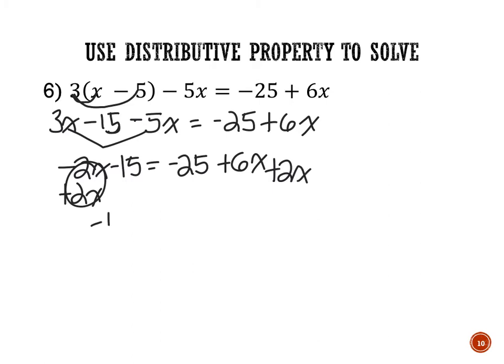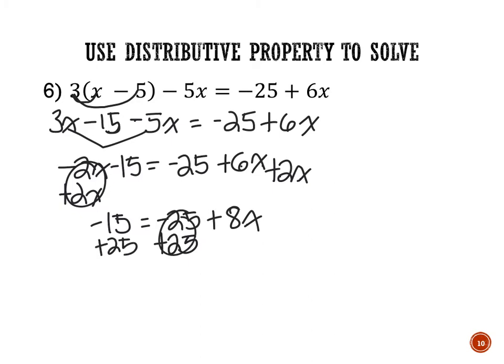So now I have negative 15 equals negative 25 plus 8x, because 6x plus 2x equals 8x. I'm going to add 25 to both sides to get the 8x by itself. So negative 15 plus 25 equals 10 equals 8x.